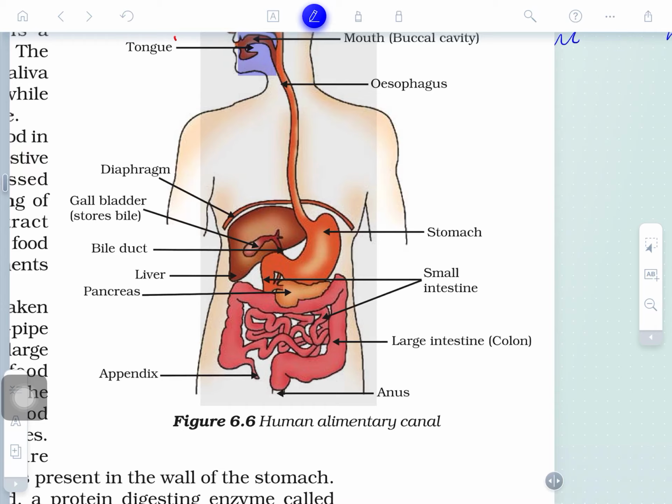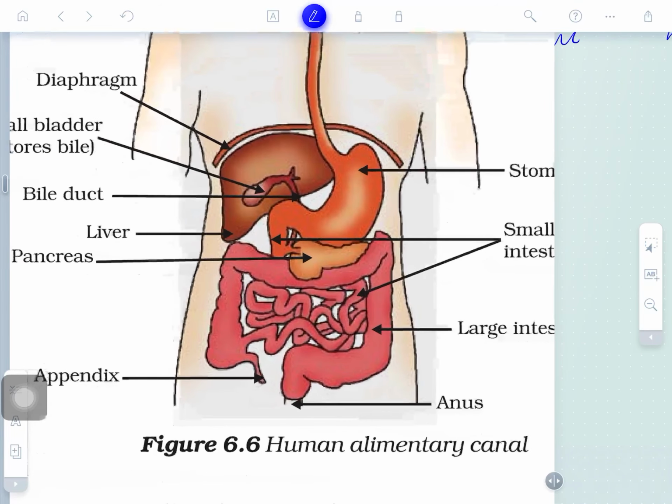First is to make the food unaffected by microbes. And second, the food medium is made acidic, because certain enzymes released by the pancreas and the liver, and the stomach will also release certain enzymes, pepsin and renin. These work in the acidic medium.